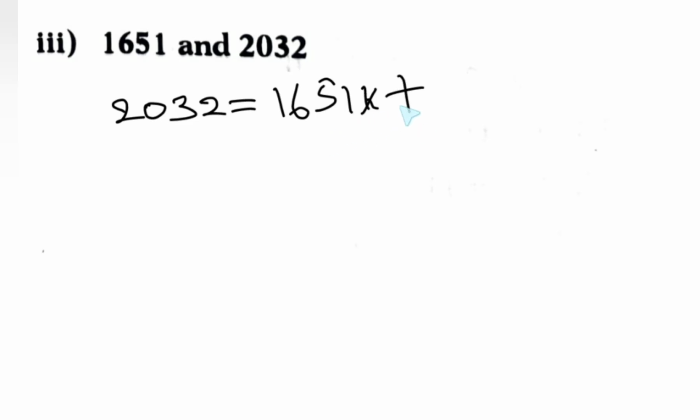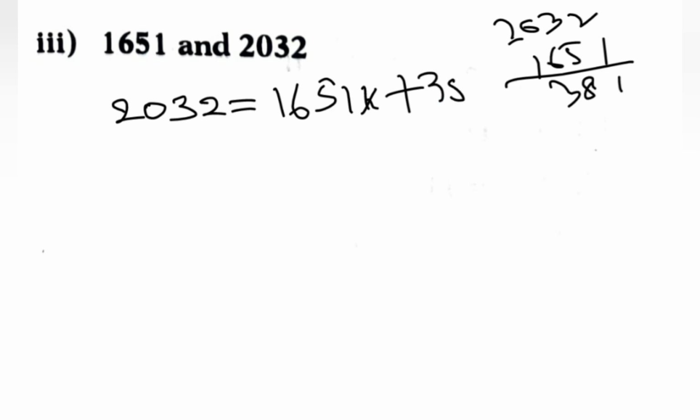So we can write 2032 is equal to 1651 into 1 time plus the remainder. 2032 minus 1651 equals 381, the remainder. The remainder is not equal to 0, and we continue the same again.